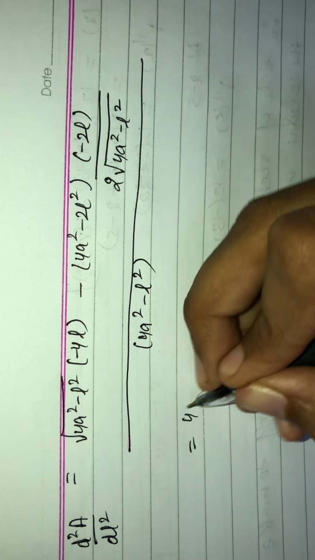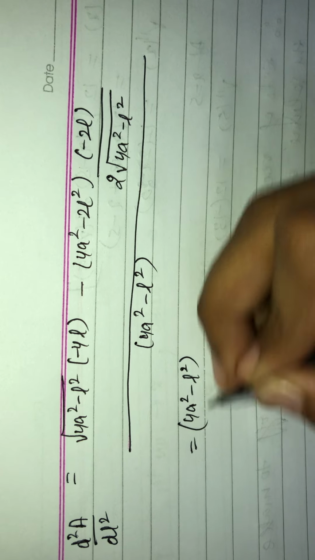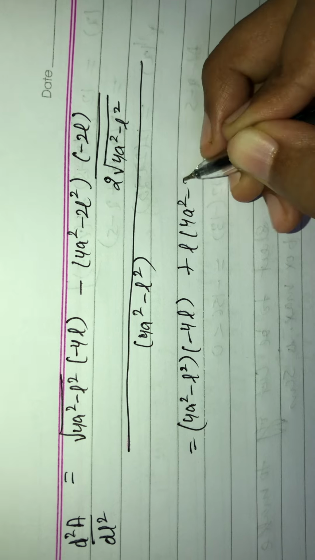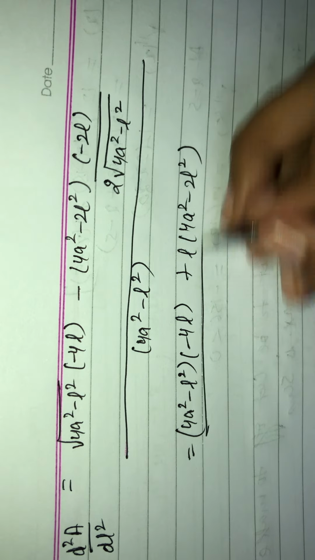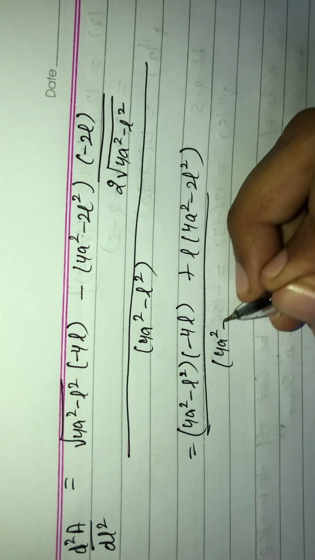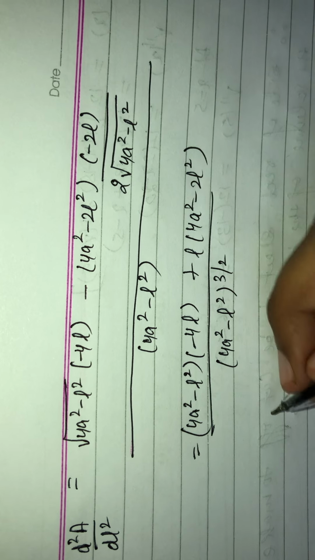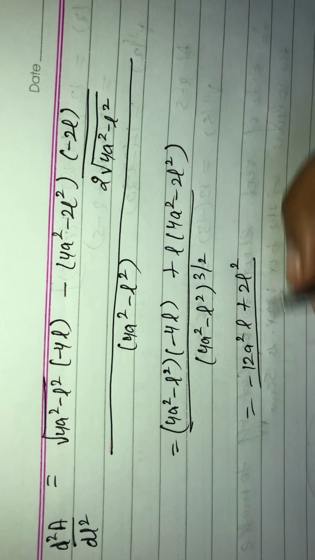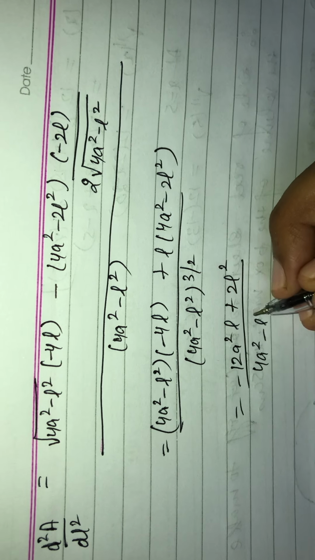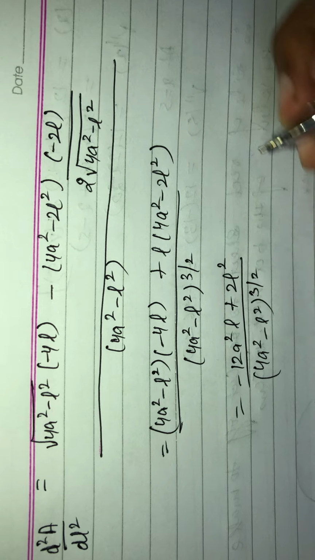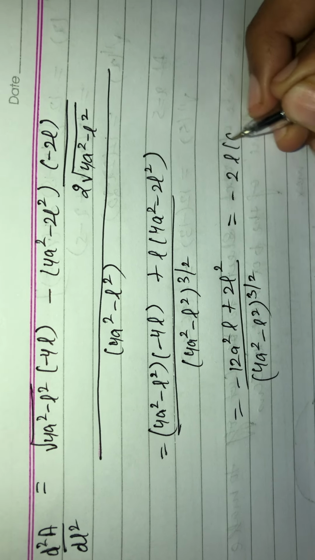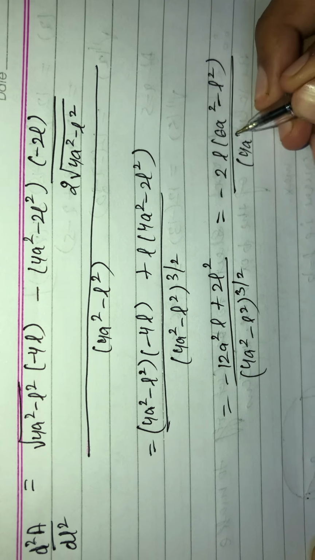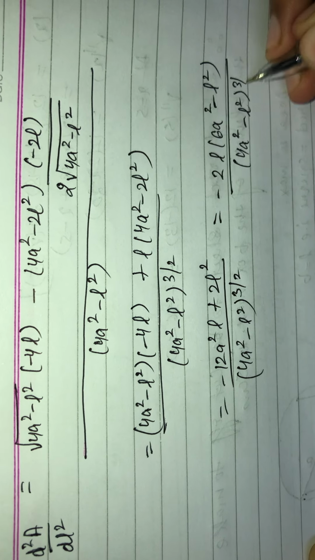So I am getting 4a square minus L square to the power 3 by 2, so minus 12a square L plus 2L cube. This is 4a square minus L square raised to the power 3 by 2, minus 2L (6a square minus L square) upon (4a square minus L square) to the power 3 by 2.